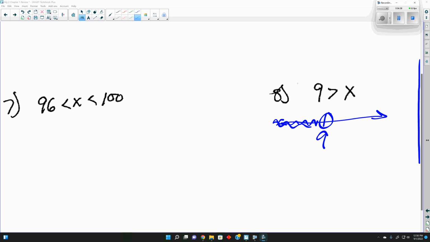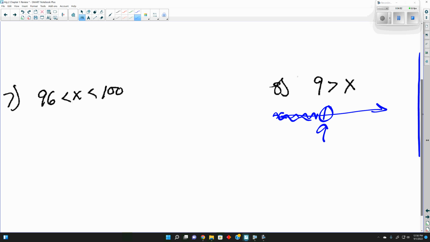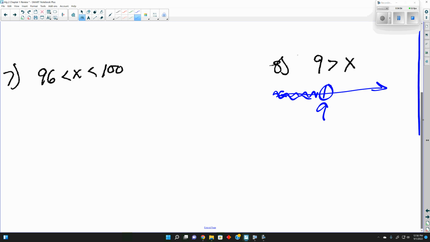So we shaded to the left because 9 is greater than x, yes? Now, we don't shade towards where the arrow is pointing because x is not on the left, it is on the right. Now here, this one included an arrow, yes? We shaded into an arrow, so we're going to have to include infinity or negative infinity. Which one would we have? Negative infinity, because it's going in the negative direction.